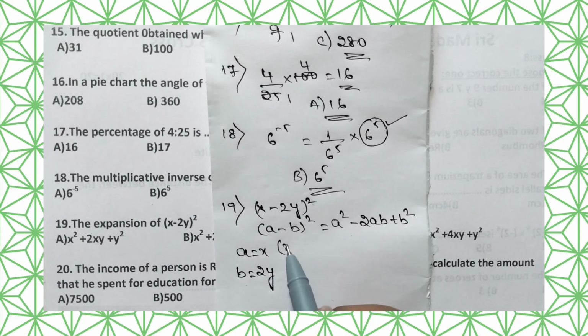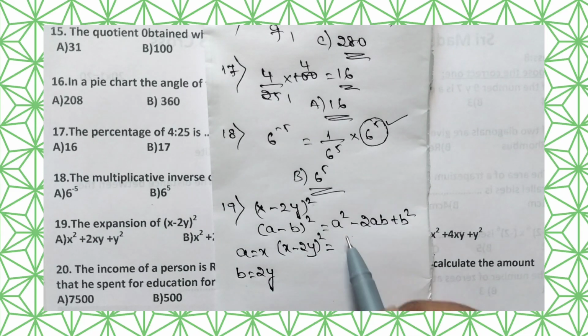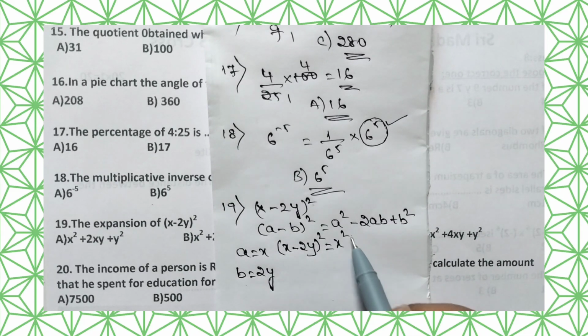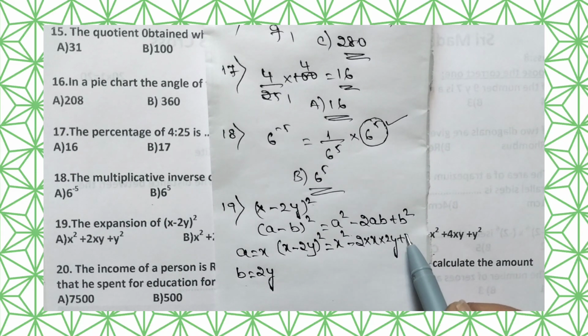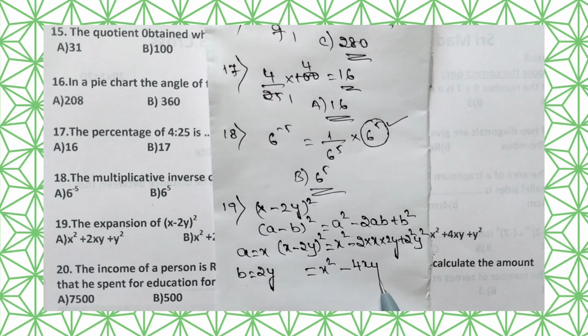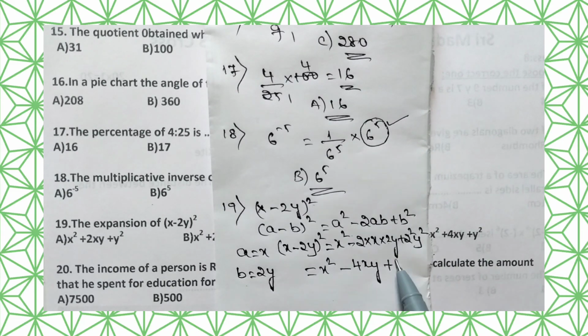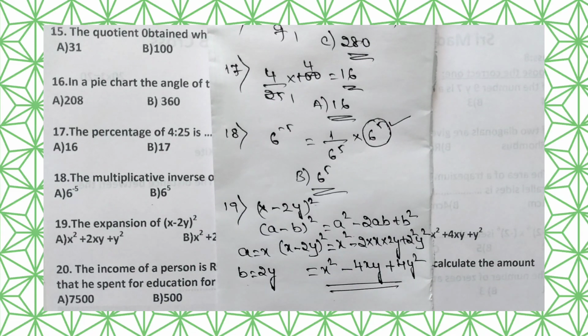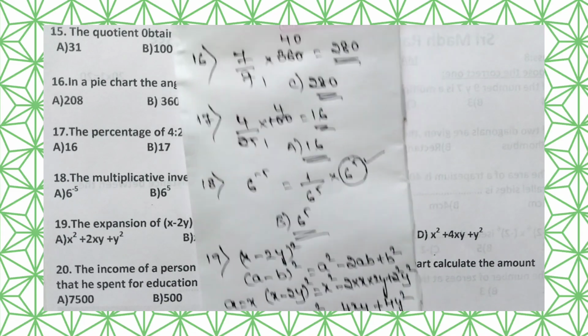So (x minus 2y) whole square is equal to x square minus 2 into x into 2y plus 2y whole square. That is equal to x square minus 2 twos are 4 xy plus 2 square is 4 y square. So x square minus 4xy plus 4y square is the right answer.